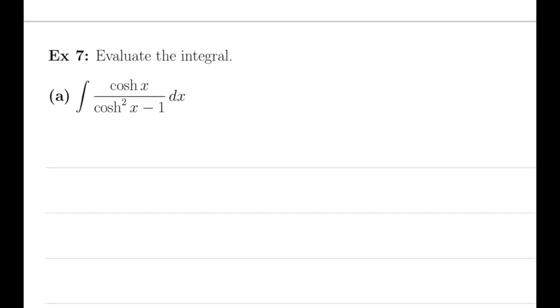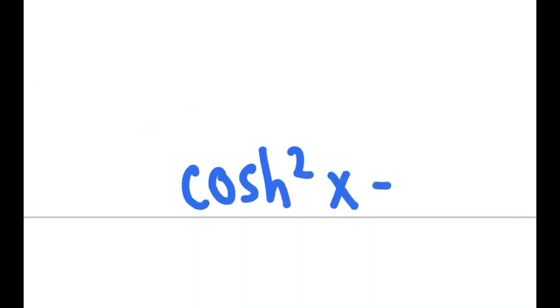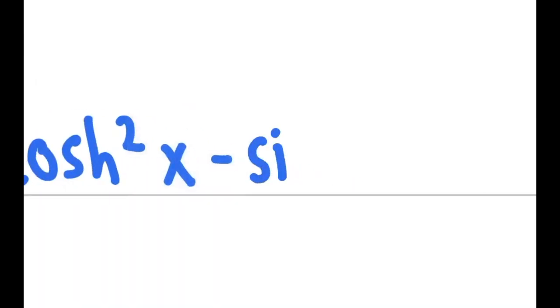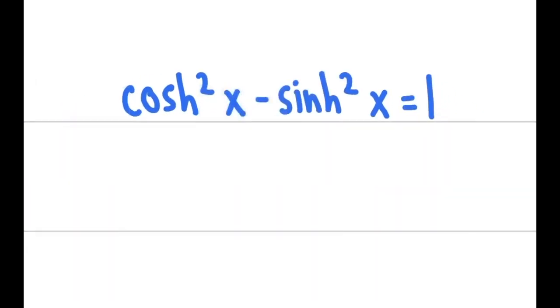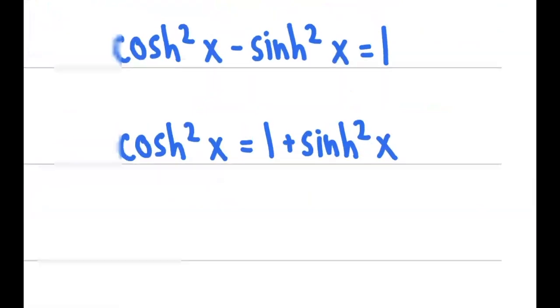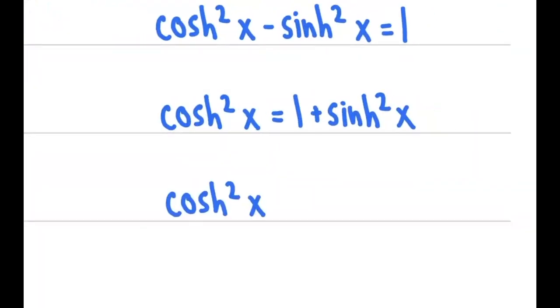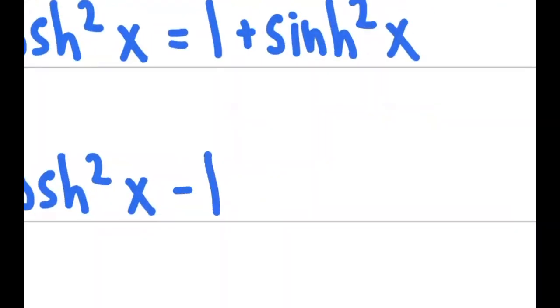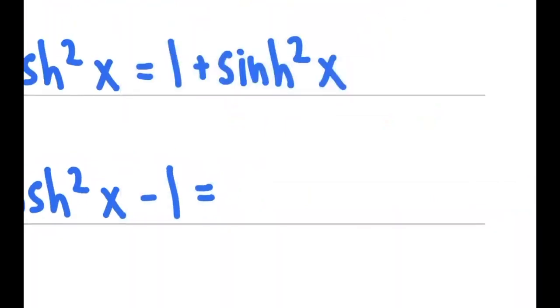So we're going to use cosh squared. We have to rearrange some stuff. Add sinh squared to both sides, and you get cosh squared equals 1 plus sinh squared of x. If you subtract the 1, you get cosh squared minus 1 equals sinh squared.